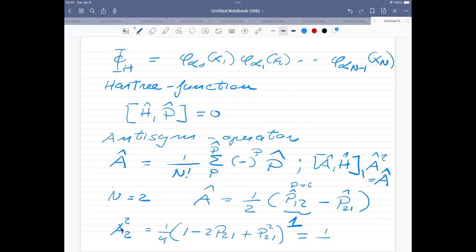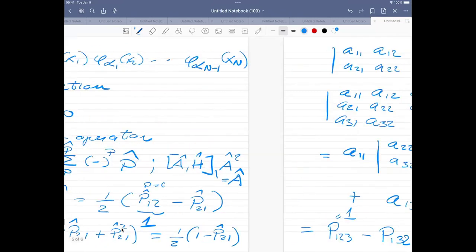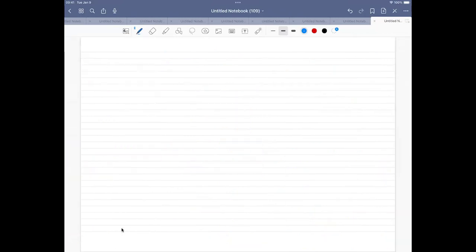So this is simply 1/2 of 1 minus P21. And I'm going to try to be consistent and keep halves on here. Okay. So this is just to give you a feeling for how we can massage these equations.